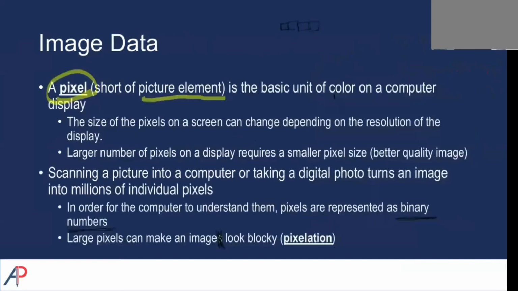Scanning a picture into a computer or taking a digital photo turns an image into millions of individual pixels. This is an introductory class, so we won't be talking about pixels on a million scale. We're going to talk on a much smaller scale.